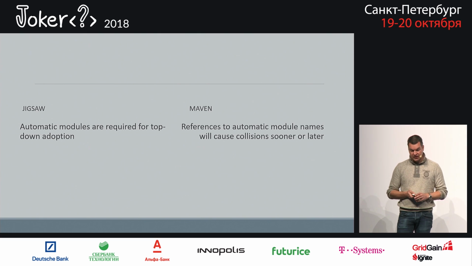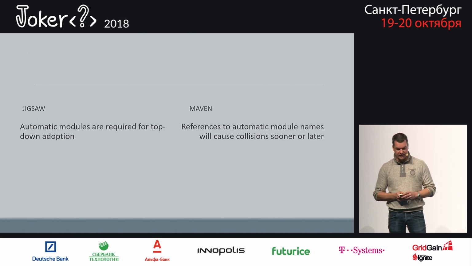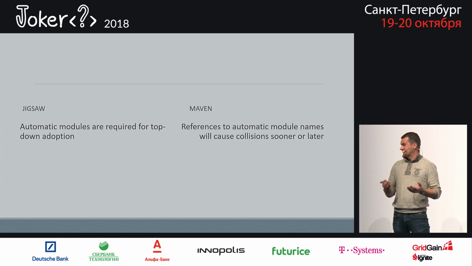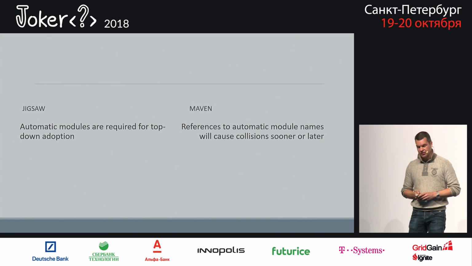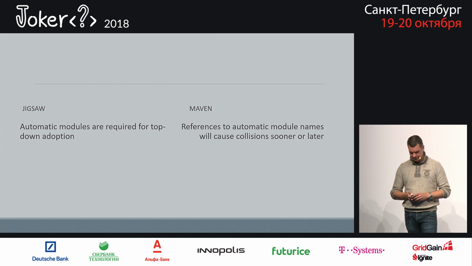Jigsaw says we really want to have this automatic module concept because it makes it easier for everybody to adopt this. However, we say, if you start using automatic module names, they are not stable enough. So in the end, it will cause collisions.